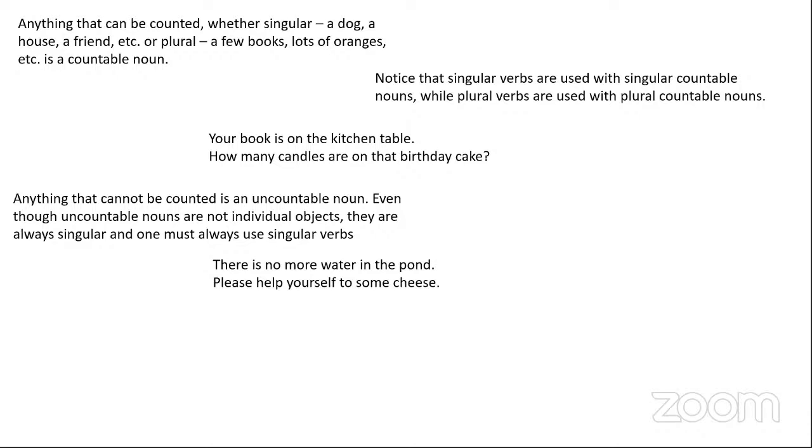Countable nouns are those which can be counted. Uncountable cannot be counted. If it is a singular countable noun, a singular verb goes with it. If it is a plural countable noun, a plural verb goes with it. Most important thing, uncountable nouns are always singular. Hence, they always use only singular verbs. So this is very easy, children.